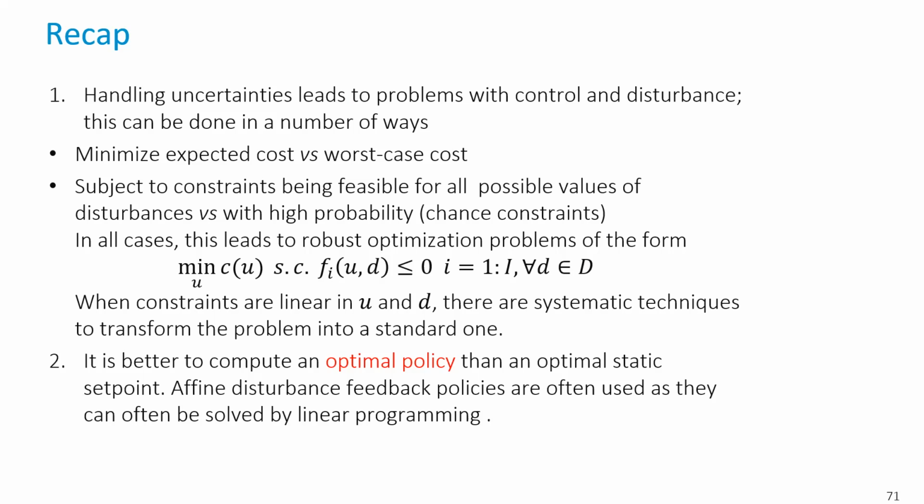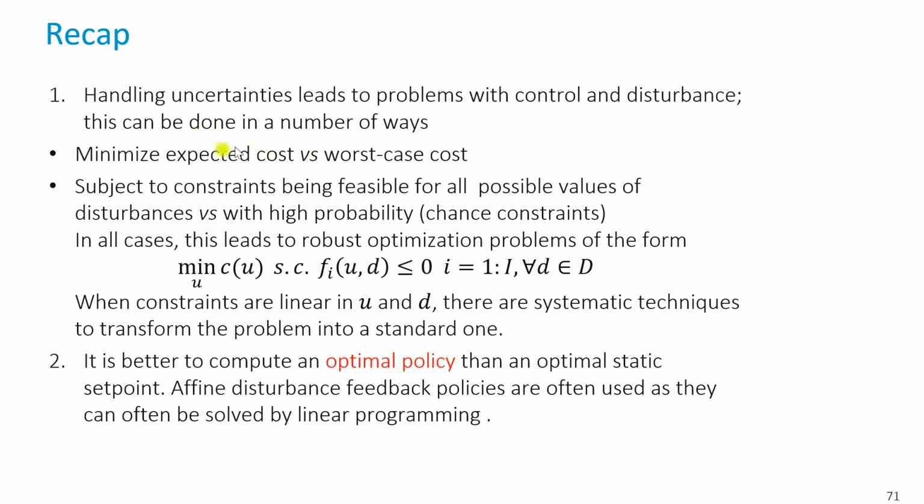Today, we focused on handling uncertainties. The important thing is how to be able to transform my problem that has uncertainty using the generic framework of control and disturbance. We've seen there are many variants. We focused on some. We need to make a philosophy, make our mind on what we call cost.